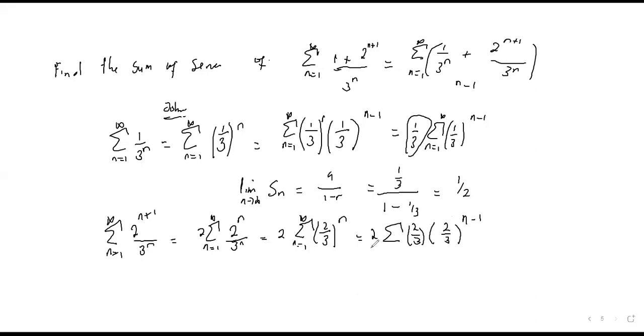So now the 2 outside can multiply the 2 inside, so that this becomes the sum from 1 to infinity of 4/3 times (2/3) to the n minus 1, like that.